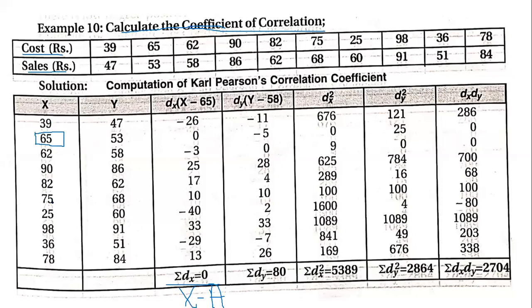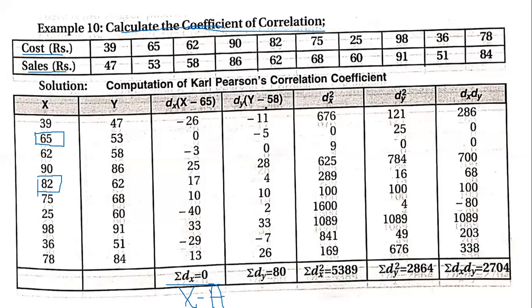You can also take the central value. Let's see how many values we get: 1 2 3 4 5 6 7 8 9 10. So we'll take the fifth value. If you want, you can take 82 as assumed mean and calculate. You will still end up with the same answer.